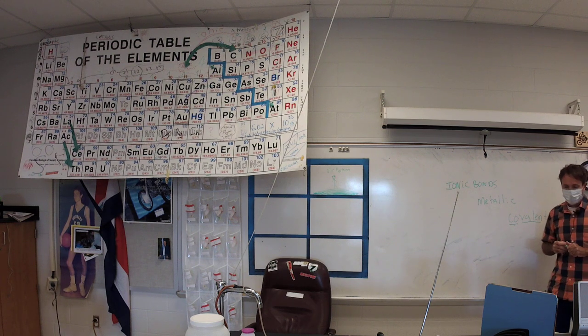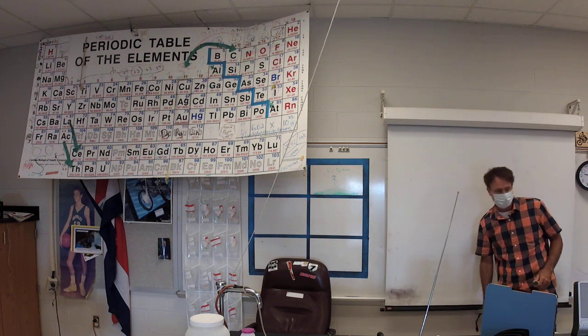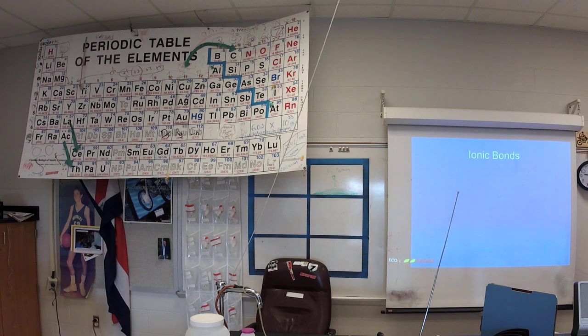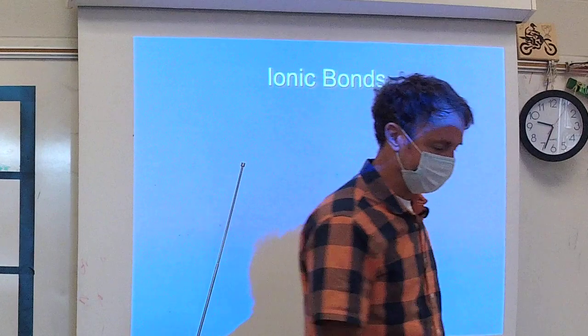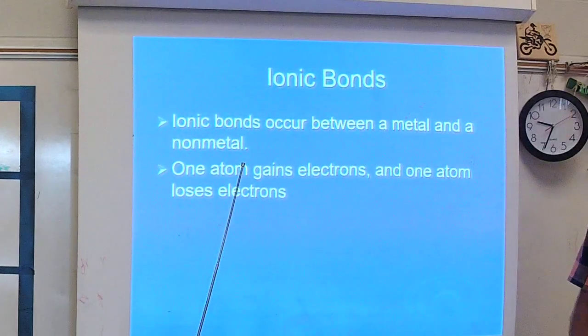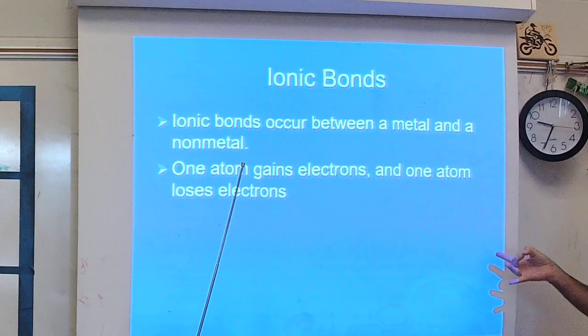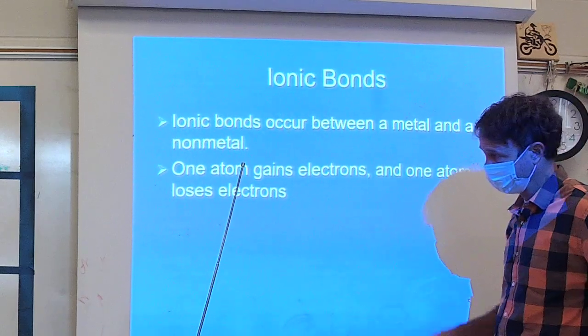So first we're going to talk about ionic bonds, okay? And it's pretty simple stuff. All right, we're looking right here at ionic bonds. Ionic bonds occur between a metal and a nonmetal. One atom gains an electron, and one atom loses an electron, okay?